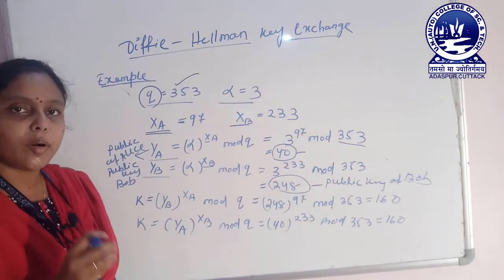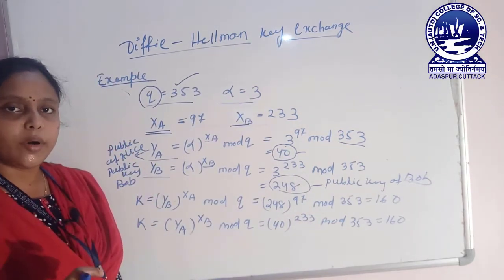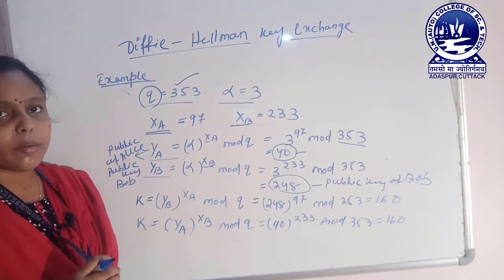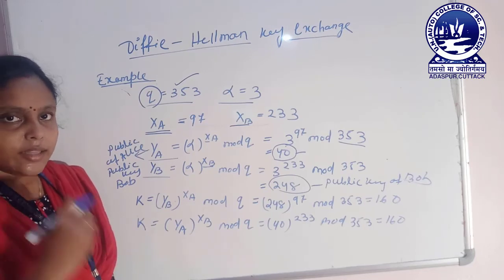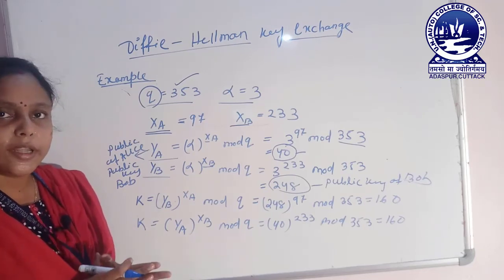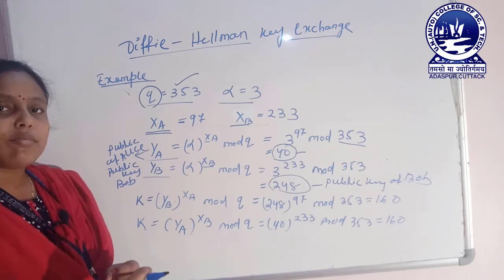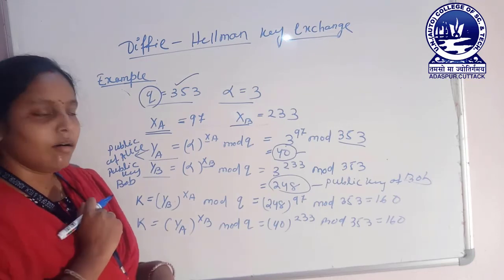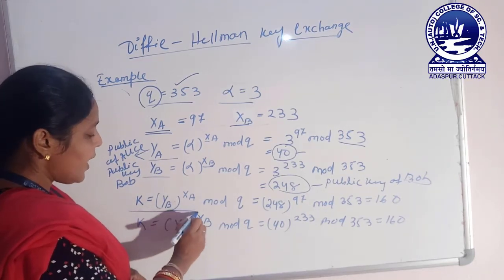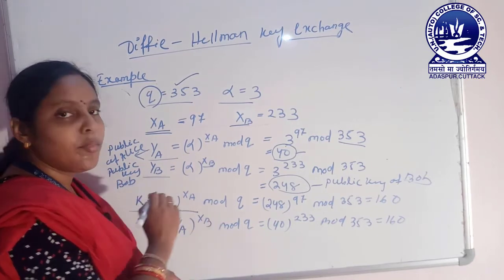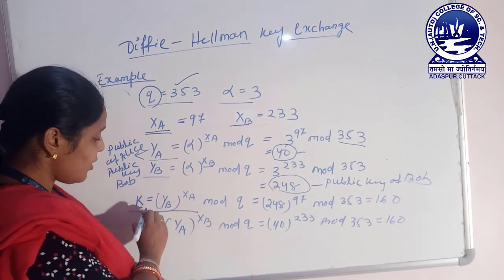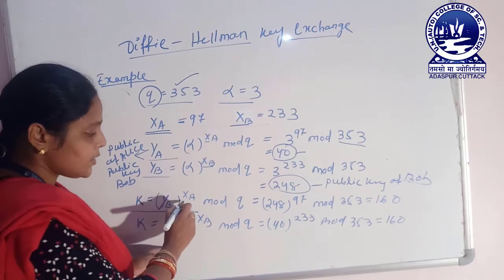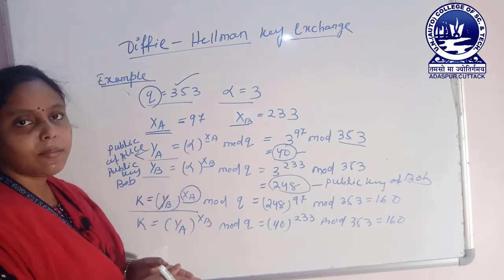After calculating the public keys, Alice sends its public key to Bob and Bob sends its public key to Alice. That means after sharing the public keys, Alice calculates its secret key and Bob also calculates its secret key. Now look at here. Here K equal to YB to the power XA mod Q, which means YB is the public key of Bob and XA is the private key of Alice.